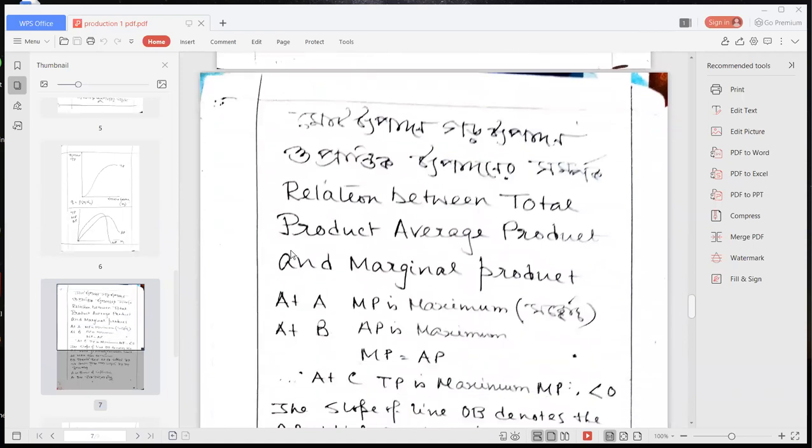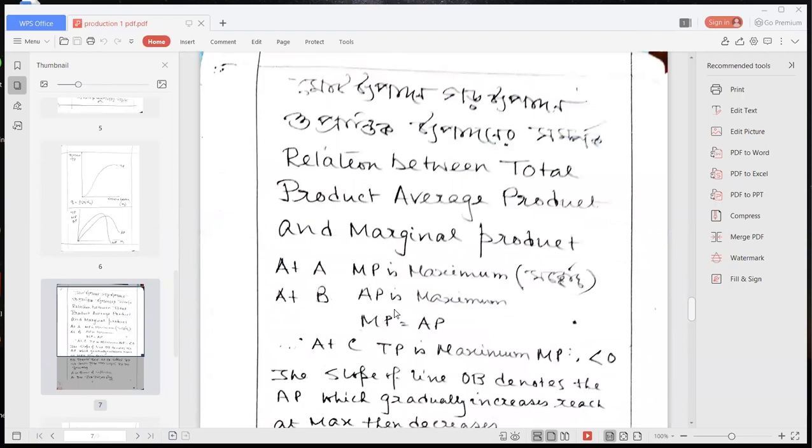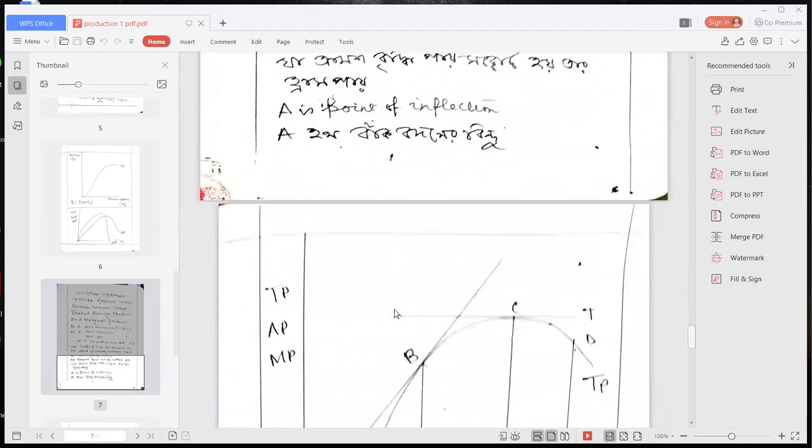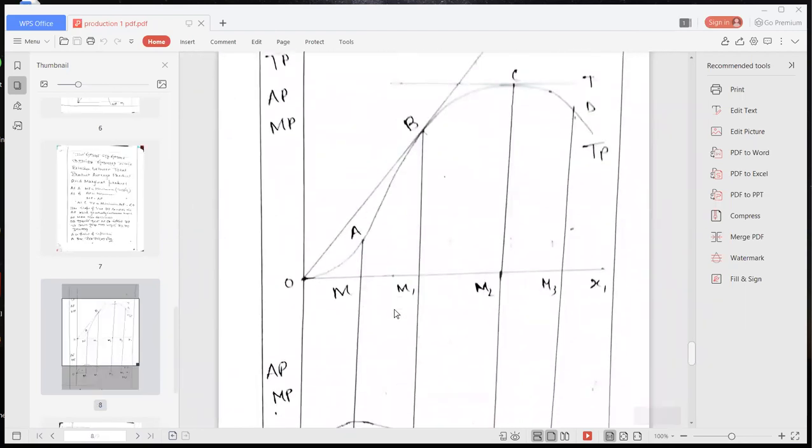Relation between the total product, average product, and the marginal product. Here, this curve is TP, which is the locus of the points of different production by changing the variable input x1.